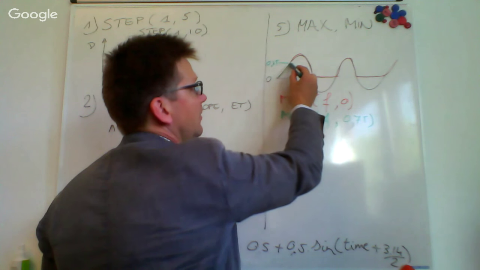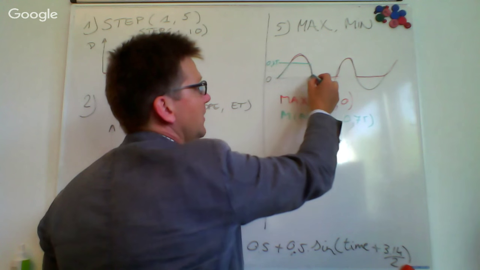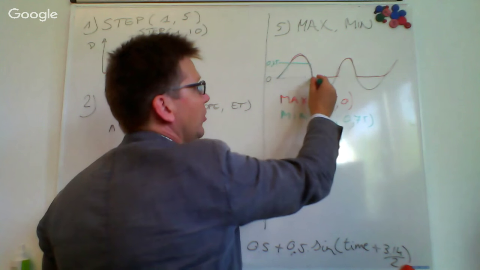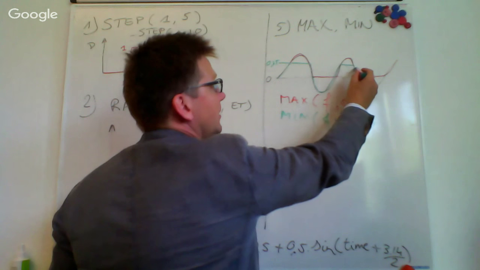Then it's going to take the minimum, and here 0.75 becomes the minimum. It will go on taking the minimum, and then here again 0.75 is the minimum.